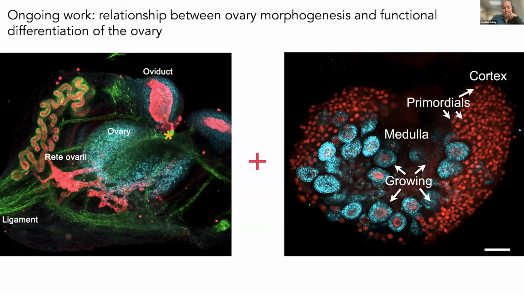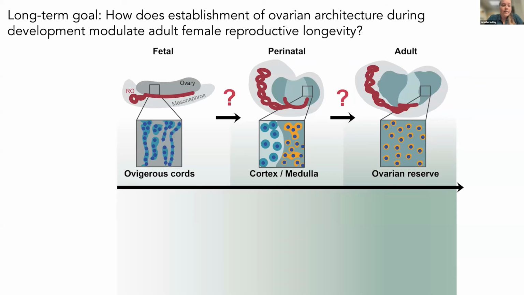And this is going to be an important first step towards my long-term goal, which is to really understand how these structural transitions that occur during fetal life occur and how they contribute to the establishment of female fertility and thus act as a determinant of reproductive longevity in the female.